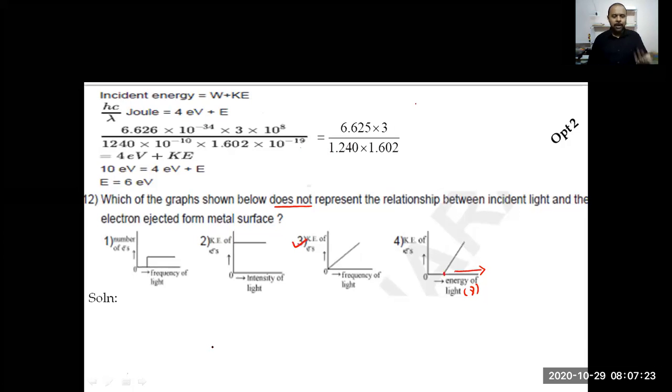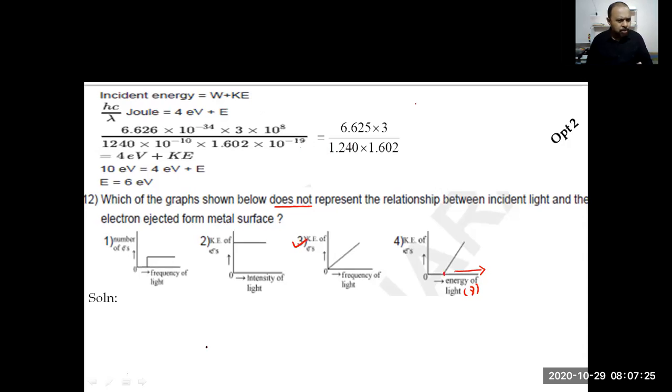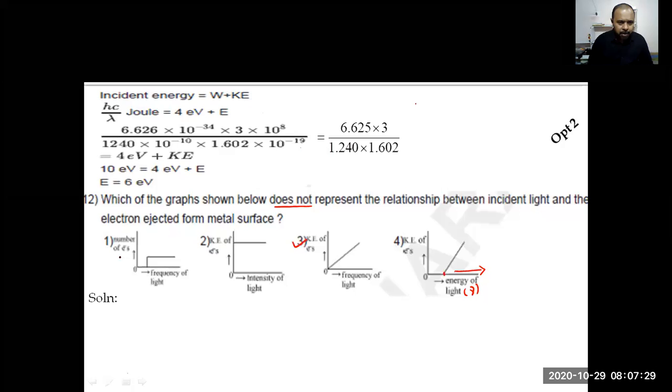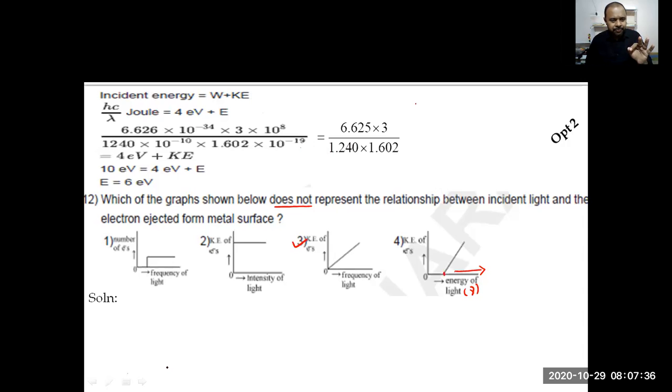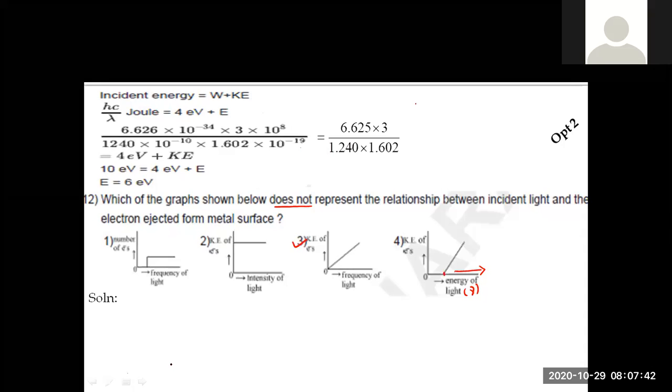Then how about 1? It seems to be something weird. It is different. Here, the number of electrons ejected is along the y-axis and frequency along the x-axis. Is there any relation between the number of electrons and frequency? No, because the number of electrons ejected only depends on intensity.